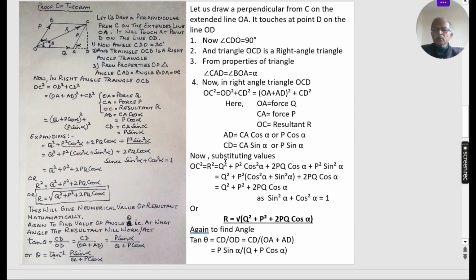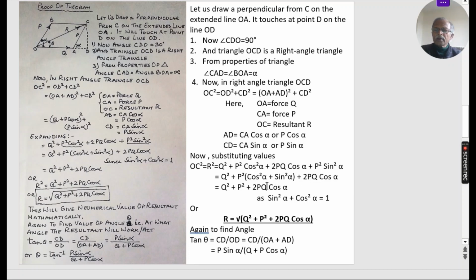This is Q square, and when we expand this bracket, it will give me P square cos square alpha plus 2PQ cos alpha plus P square sin square alpha. Now from this, P square factors I bracket them. So this becomes Q square plus P square within brackets cos square alpha plus sin square alpha plus 2PQ cos alpha.